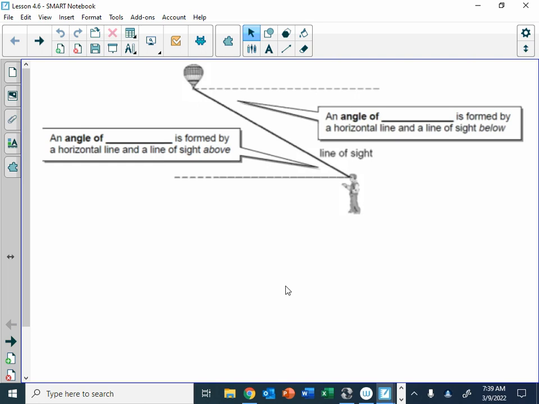We are actually skipping 4.5. We're going to come back to it. The reason is I have to attend a training tomorrow during first and second block, so I'll be on campus, I just won't be in here. This lesson is way less challenging than 4.5.